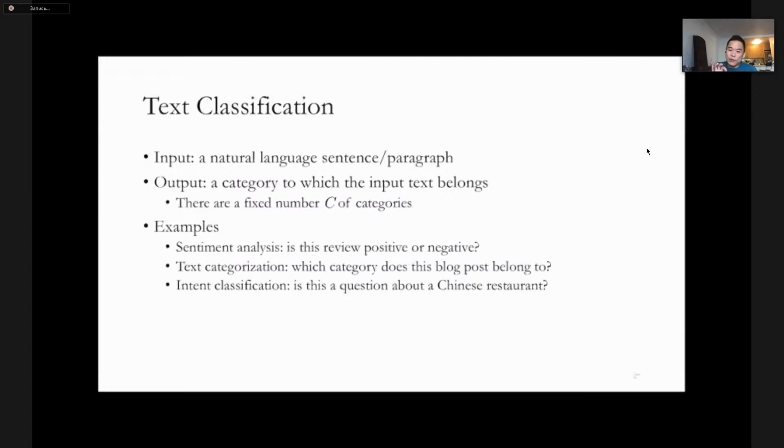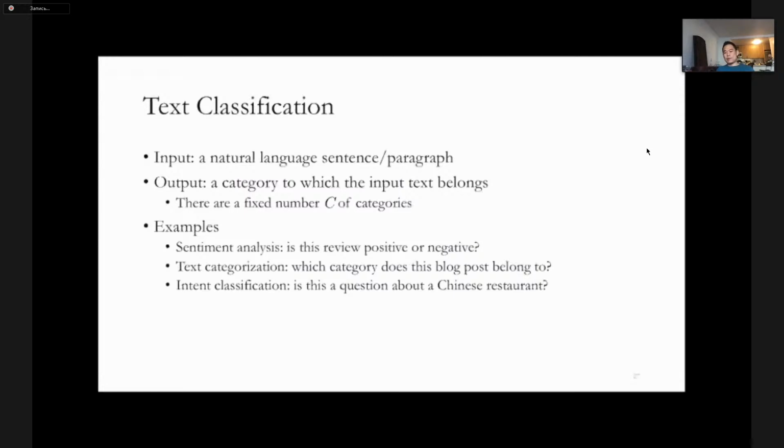Now, what's particular about text classification is that the input is going to be a natural language sentence or paragraph. Some of the examples include sentiment analysis, which is not really the problem in my opinion, however, everyone takes this as an example. Is this review on Amazon positive or negative? Text categorization is, of course, another example. Somebody wrote a blog post.